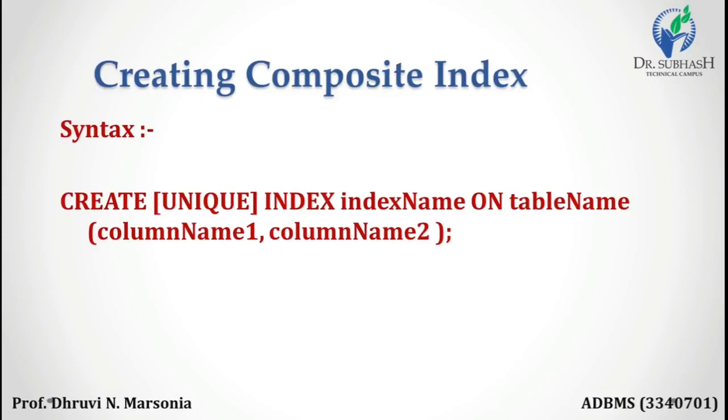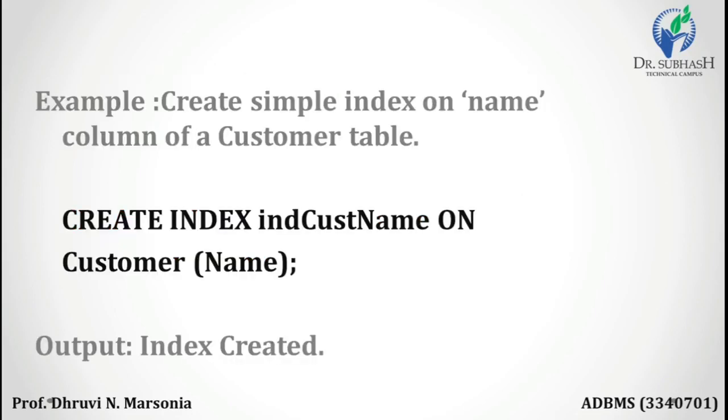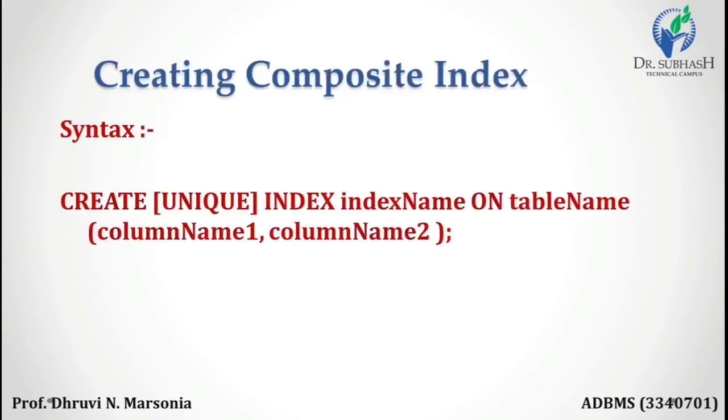How to create a composite index? Okay. In a simple index we have one column. In a composite index we have more than one column. Clear? For a composite index, the syntax is create unique index, index name on table name, column name 1, column name 2.